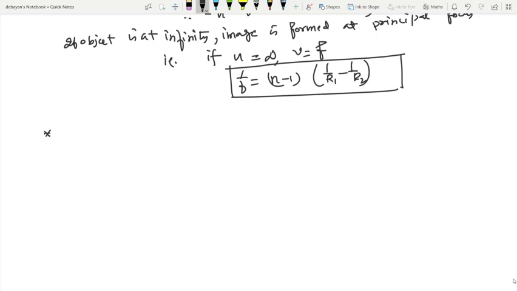Just find the focal length of the equivalent system. So the system is like that, it is given.